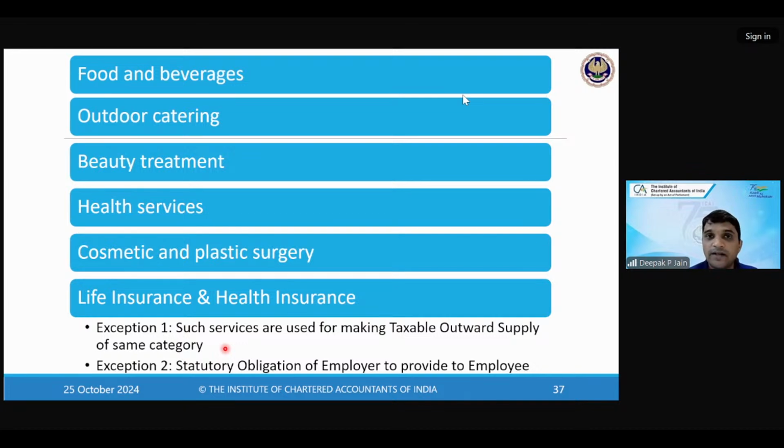Generally, statutory obligation will be for food and beverages, to provide health insurance. Then they can claim the credit.